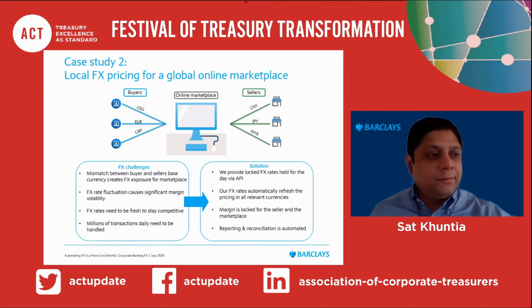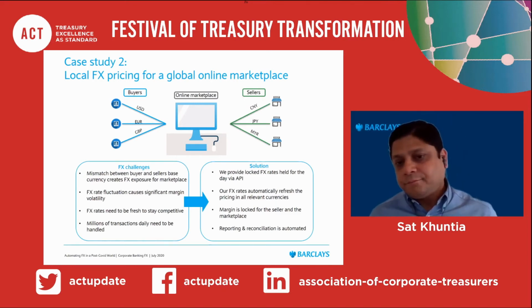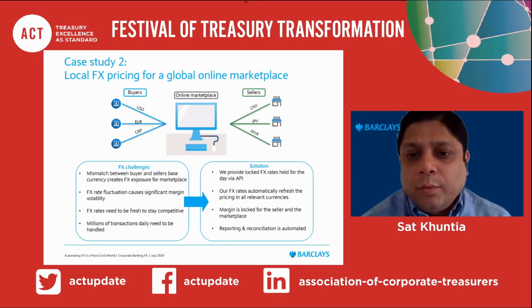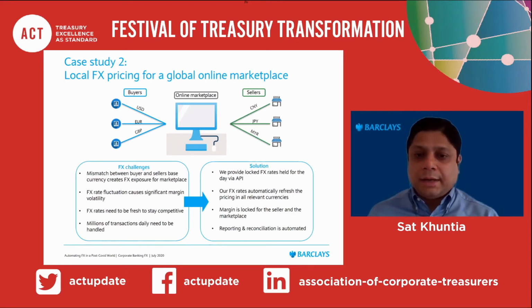So the solution that we developed was kind of similar: we again connected to their platforms via the API. And what we essentially do for them is lock the FX rates, as in guarantee the FX rates, for all the currency pairs that they have a demand for. So we send them locked FX rates early in the morning, their time, via the APIs.